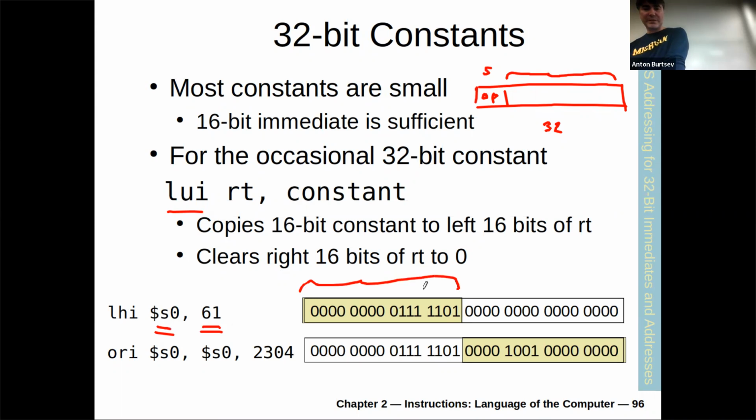This is the constant 61, which instead of going here, like we usually do with all this add immediate, goes into the upper bits. And this is how you can essentially create a 32-bit constant. You first load the upper 16 bits, and then you use an OR immediate to say, this is my lower 16 bits, this is the number 2304, and when you do an OR, obviously just this will be ORed with zeros, right? Agree? So that's the trick.